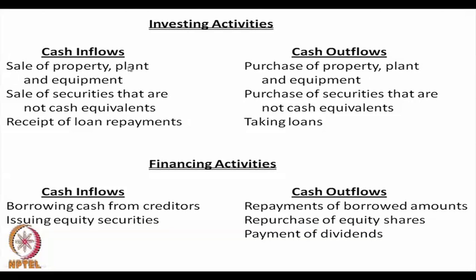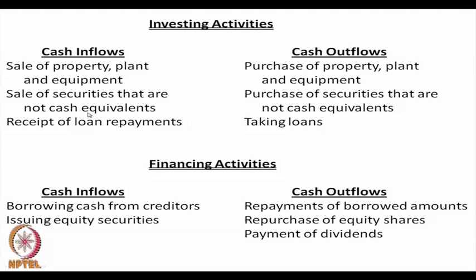If the company decides to sell its land or buildings or some of its equipment, then also there is a cash inflow. If the company sells its securities or shares that it is holding, securities of other companies, that also is a cash inflow.